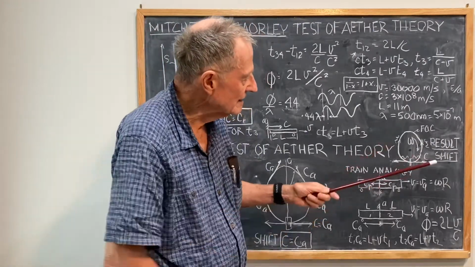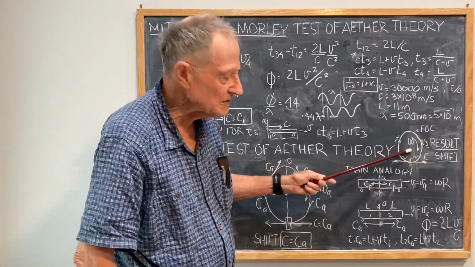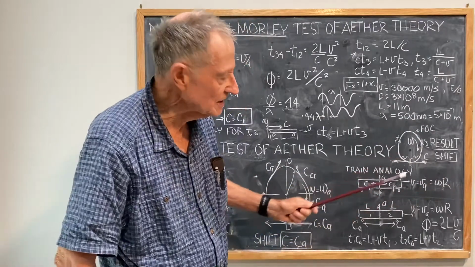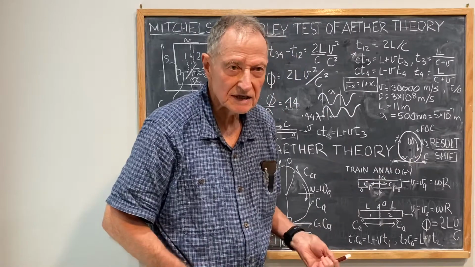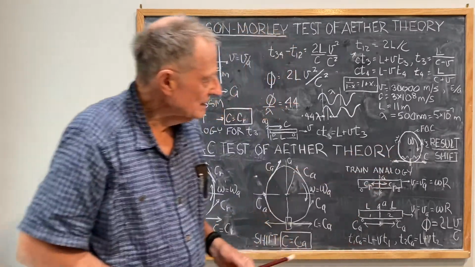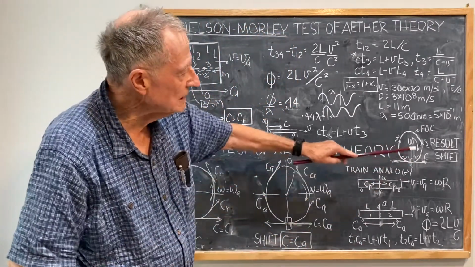And indeed, the result of this experiment was that there was a shift in the phase between the photons that were circulated. Now the question arose, well, what explains this experiment?